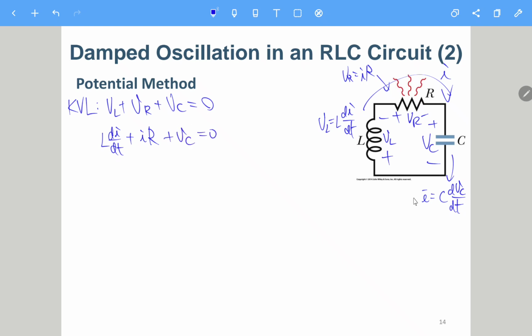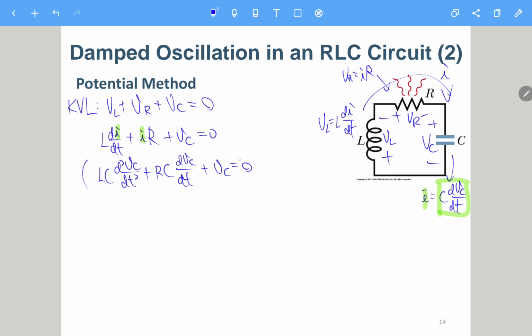Okay, so the idea is that we should try to eliminate I, which means that we plug in I by this thing to here and here. You can see this is I, this is I, this is I. So we change it to C dVc dt. Okay, so for the first term, L times C, and then the second derivative of Vc. And then plus, this is R, this is C, so we have RC dVc dt, and then plus Vc equals 0.